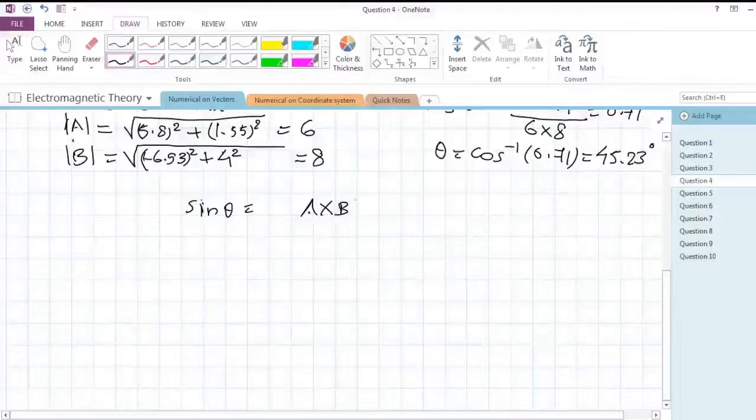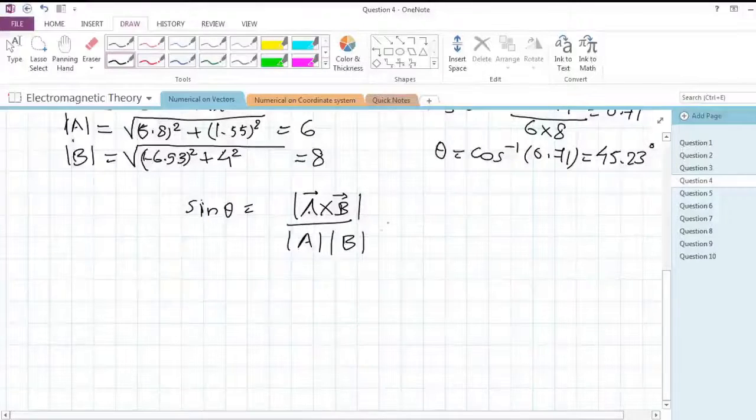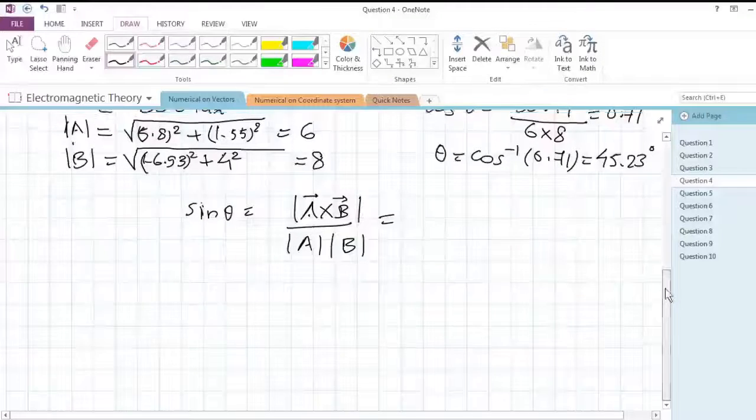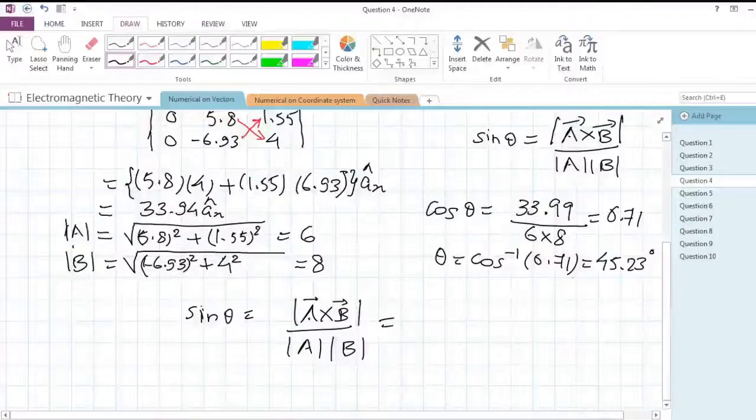In the same way, using the cross product, we'll have to write sin theta is equal to A cross B magnitude, these both are vectors, divided by A magnitude into B magnitude. So A cross B was how much? It was around, let's scroll back again. It was 33.94, yes.